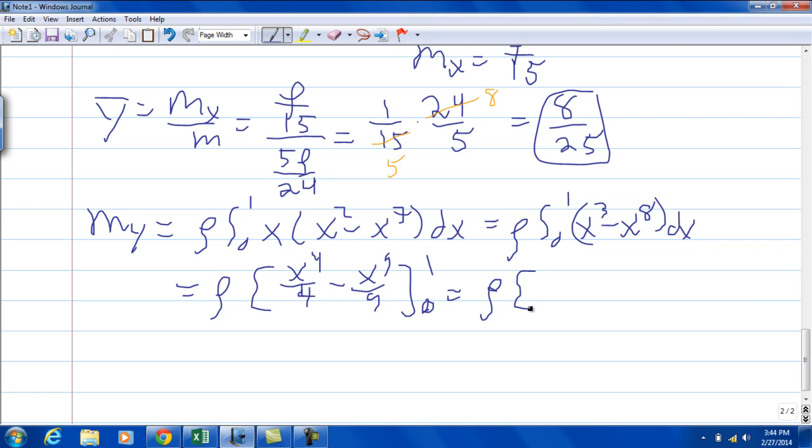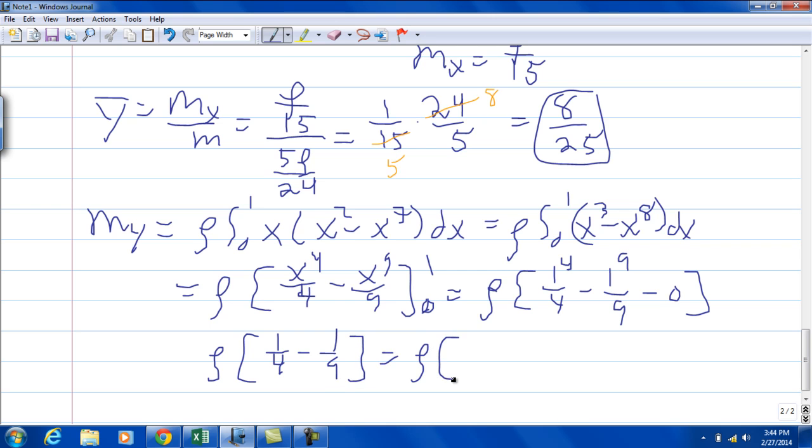So we have rho times 1/4, or 1 to the 4, which is 1, minus 1 to the 9 over 9. That 9 looks really bad. Minus 0. So we have rho times 1/4 minus 1/9, which is rho times 9/36 minus 4/36, which is going to be rho times 5/36.